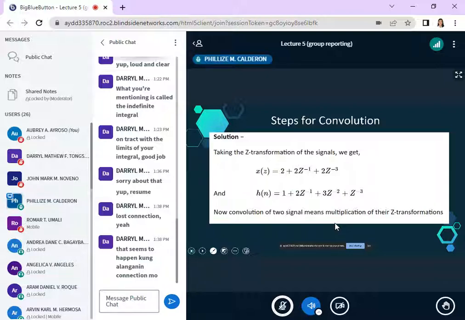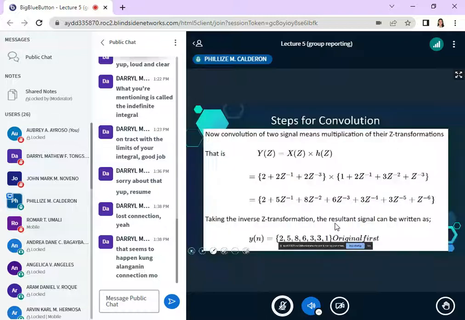Tapos, yung pangalawa, which is 1 plus 2z raised to negative 1 plus 3z raised to negative 2 plus z raised to negative 3. So, convolute muna ulit natin silang dalawa. Pag napagsama na natin, ito yung magiging sagot natin, which is 2 plus 5z raised to negative 1 plus 8z raised to negative 2 plus 6z raised to negative 3 plus 3z raised to negative 4 plus 3z raised to negative 5 plus z raised to negative 6.